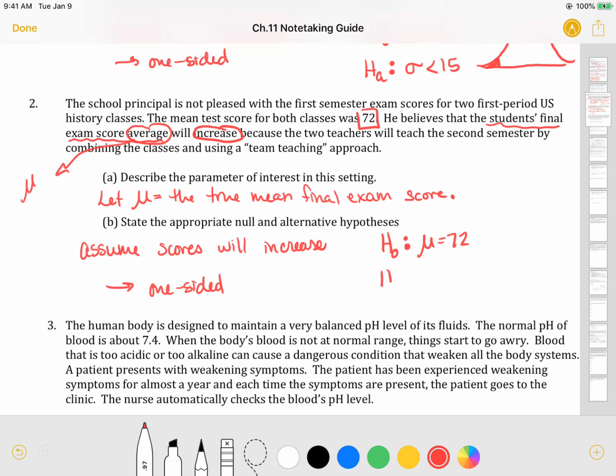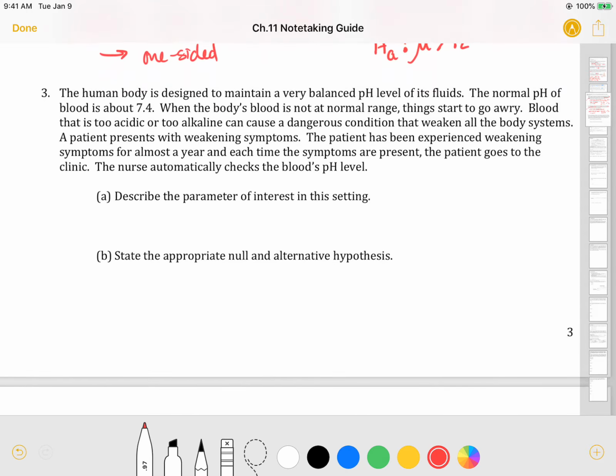And what we're testing is to see if this team teaching approach will increase the scores. So will it bring that average to a number greater than 72? When we go to do our actual significance test, we're going to be testing the right tail there, okay? Now let's look at 3.